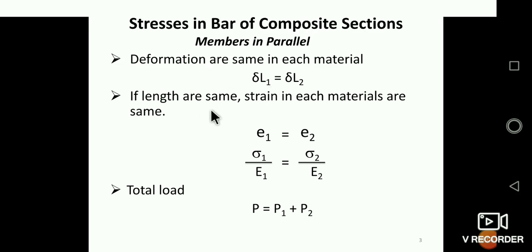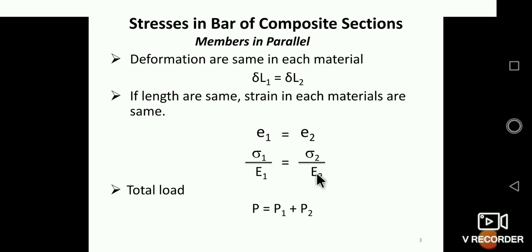If the lengths are the same, the strain in each material is the same. As both materials have the same length, the strain in each of the materials will also be the same. Therefore e1 is equal to e2, meaning strain in material 1 is equal to strain in material 2. As you know, the formula for small e is sigma 1 upon E1 is equal to sigma 2 upon E2.